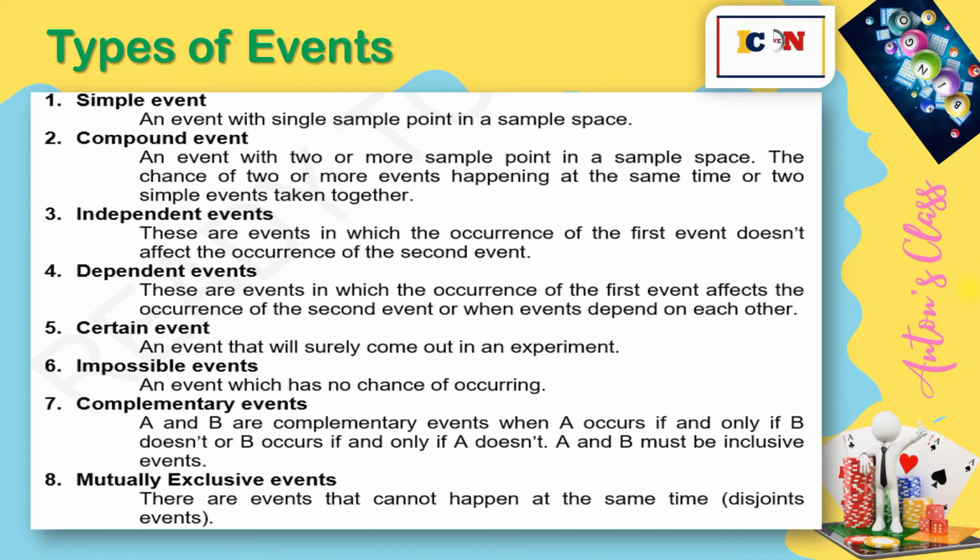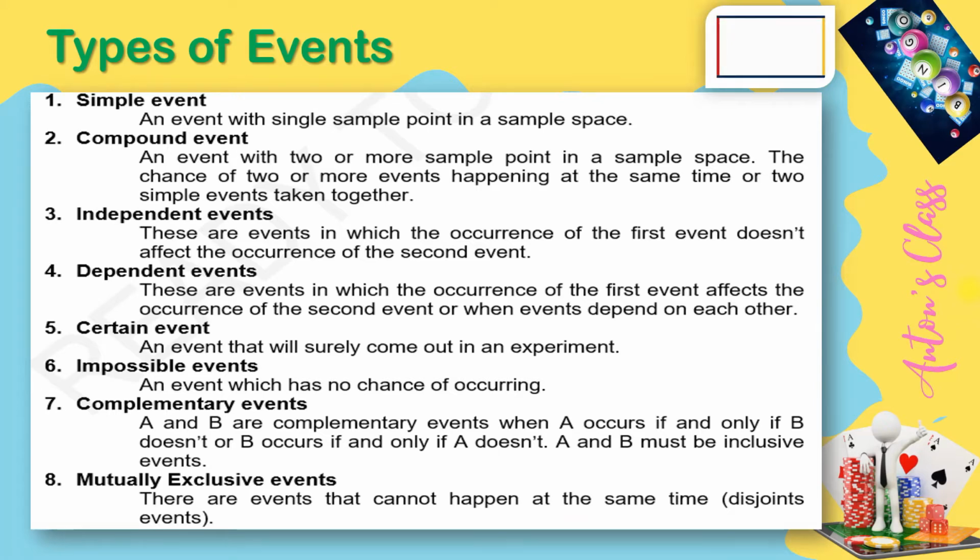Certain event. An event that will surely come out in an experiment. Impossible events. An event which has no chance of occurring. Complementary events.